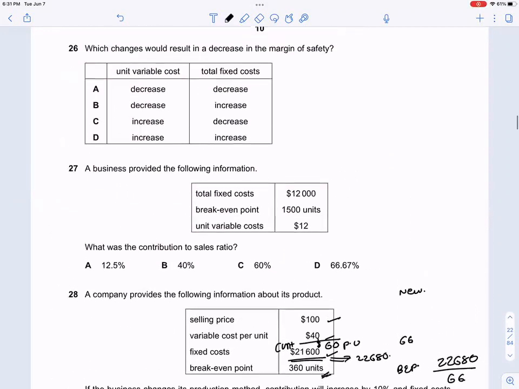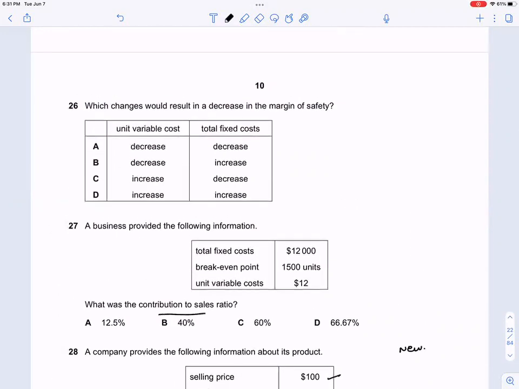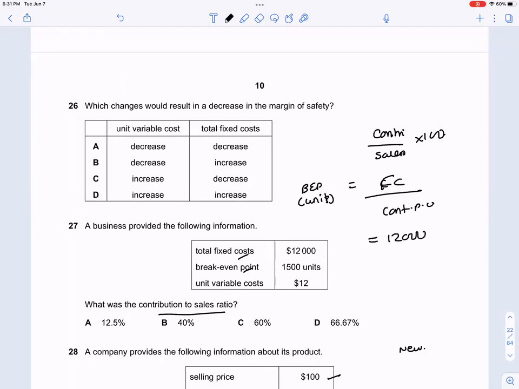Okay. What is the contribution to sales ratio? I need the contribution upon sales into 100. Come on. I have fixed cost, I have break-even point. So if I have the break-even point in units, I know the formula for break-even point in units. What is it? It is fixed cost upon contribution per unit. What is the fixed cost? 12,000. Per unit, I don't know. I know break-even.